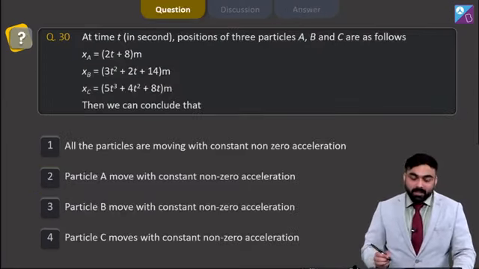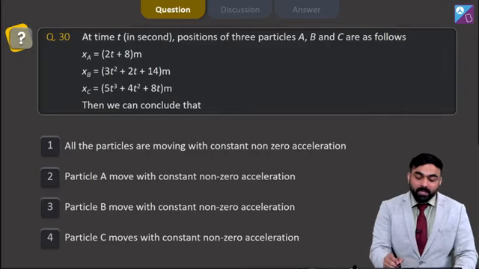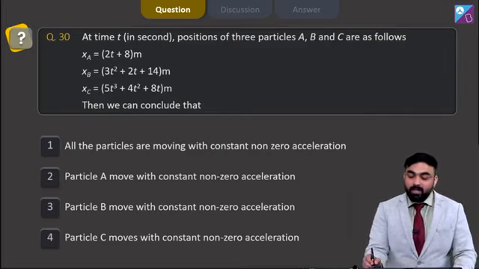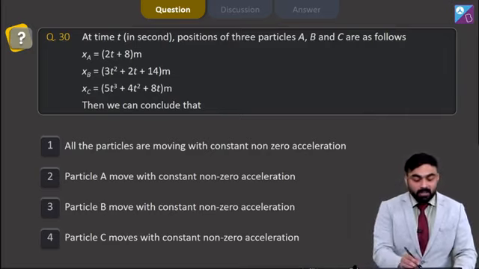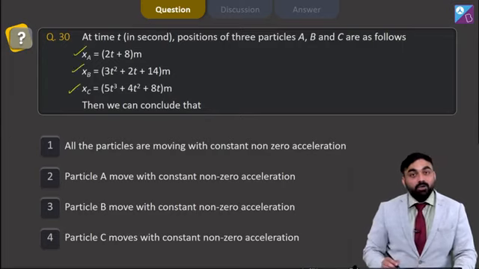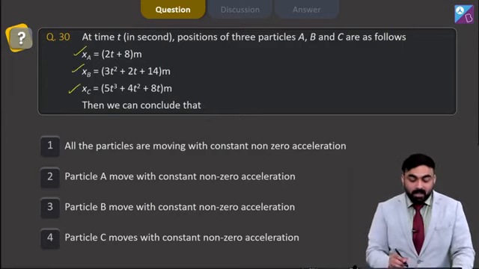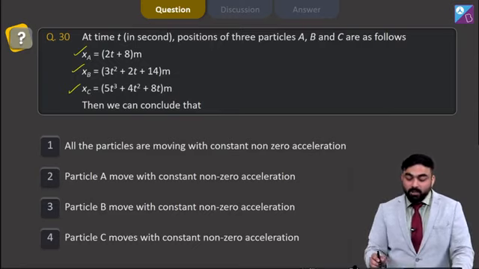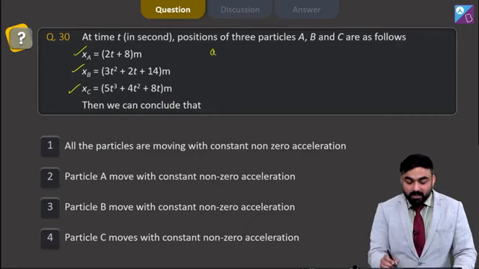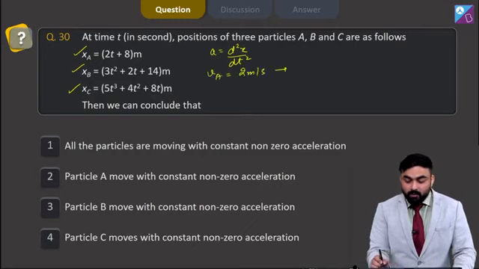Now question number 30 says, at time t in seconds, the positions of three particles A, B and C are as follows. These are the positions of the three particles. Then we can conclude that all the particles are moving with constant non-zero acceleration. Let's check this out. We know acceleration is given by d²x/dt². For particle A, vA is equal to 2 meter per second, so acceleration is equal to 0.